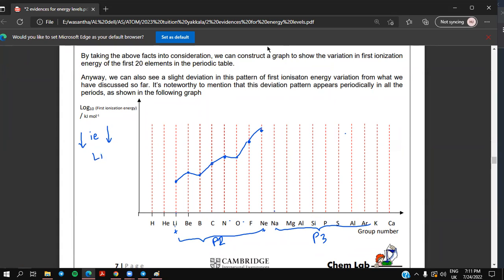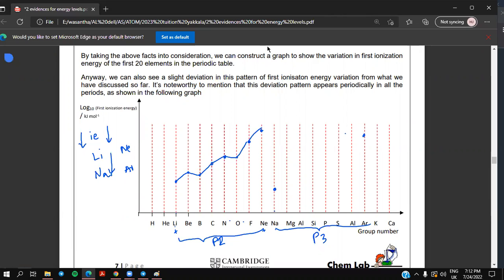From lithium to sodium, definitely when you go down, the first ionization energy has to go down. So if I mark the first ionization energy for sodium, it should be lesser than lithium. So I draw a dot over here. Not only that, when you go from neon to argon also, the first ionization energy has to go down, because down the group, first ionization energy decreases.